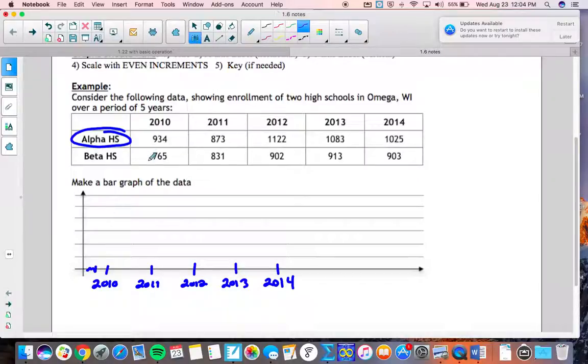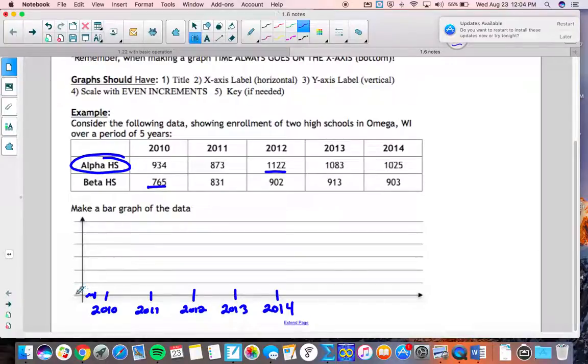Now let's look at our scaling here for population or enrollment in the high school. It looks like our lowest is 765 and our highest is 1,122. So maybe I could put 700, well, let's do 0.